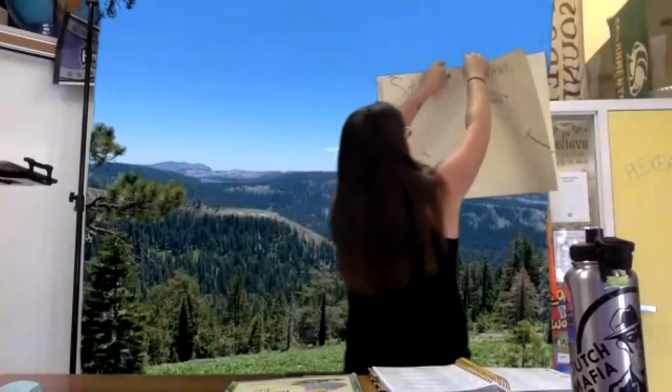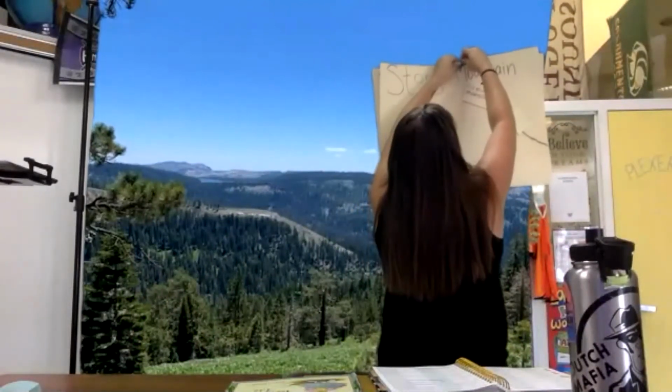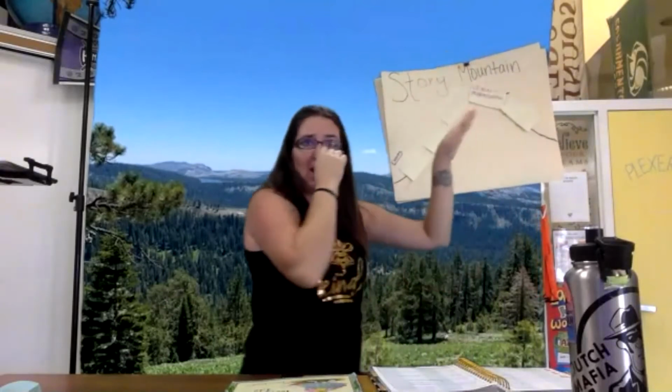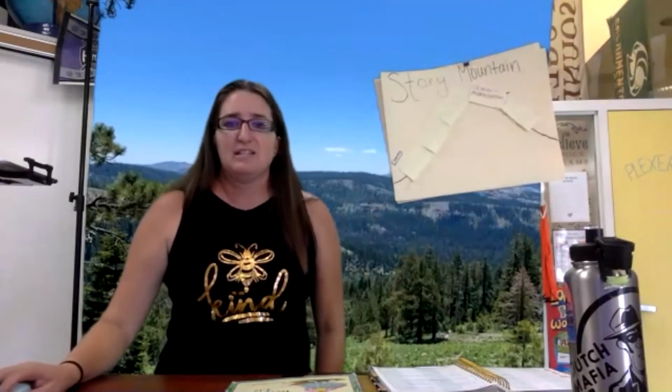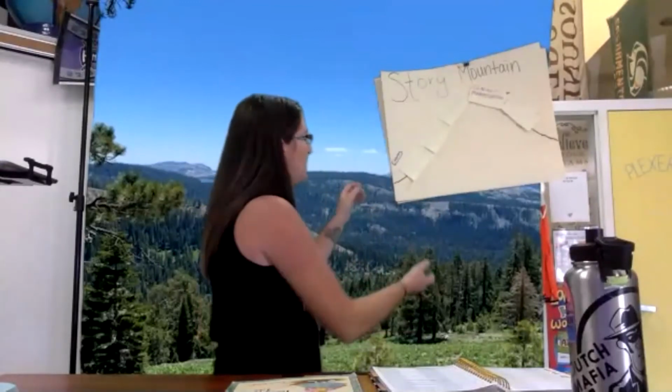All right. So hopefully you guys have been filling out your story mountain with the events that go along with the story. Remembering that the top of that mountain is the climax of the story. That's when we go from our problem to our solution. So let's take a look at how your story mountain could be filled out.